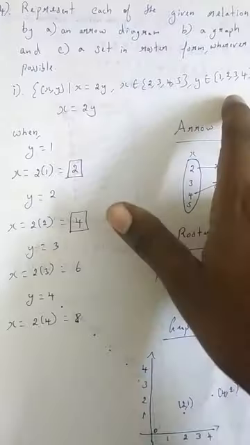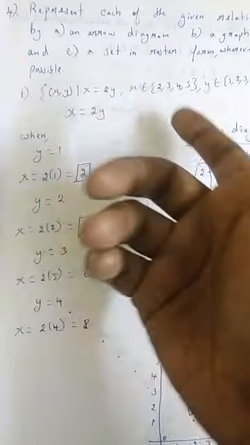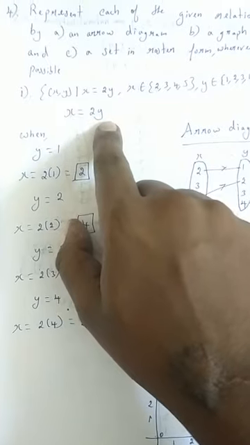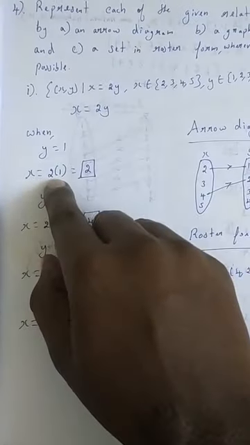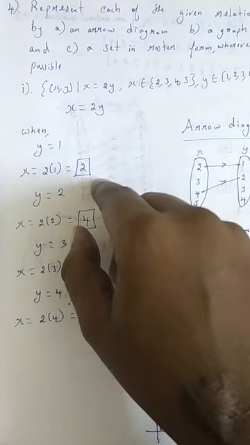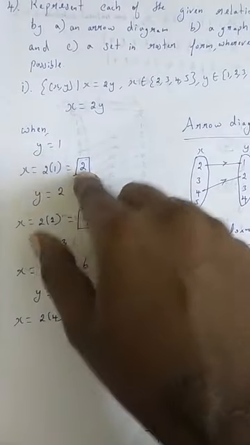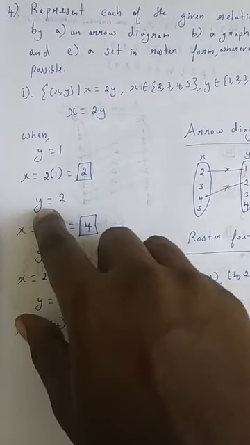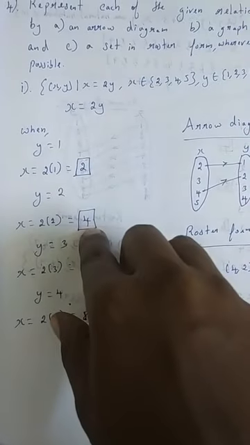So first, when y is equal to 1, what is x? I am going to substitute 1 in the place of y. So 2 into 1. What is x value? 2. Right? So when y is equal to 1, x is equal to 2. Next, when y is equal to 2, 2 into 2, 4.